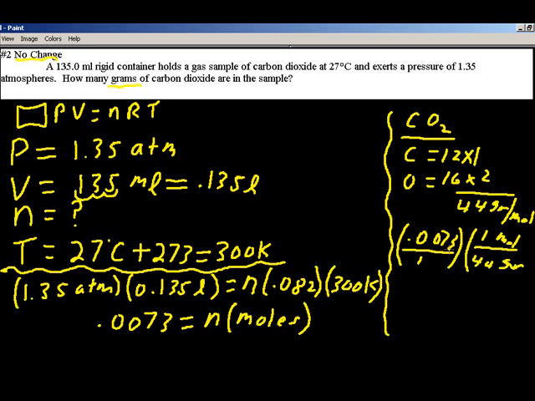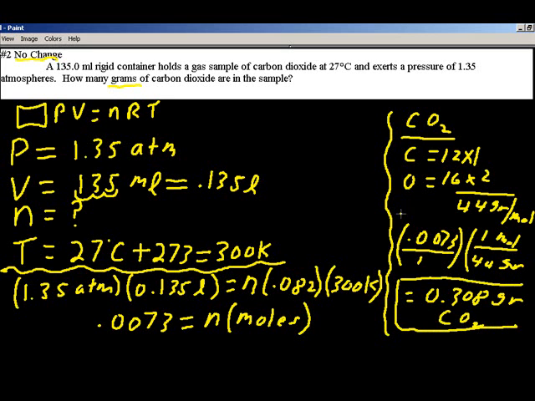I can cancel my units, and I wind up with 0.308 grams of CO2. And in fact, that is what I was looking for. So the answer to this how many grams is 0.308.